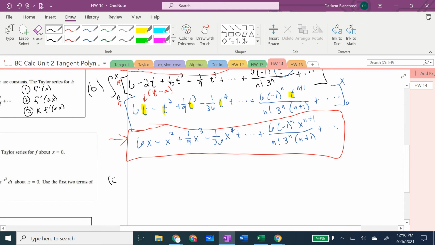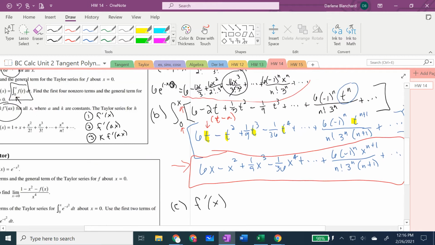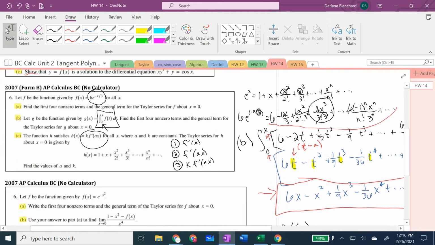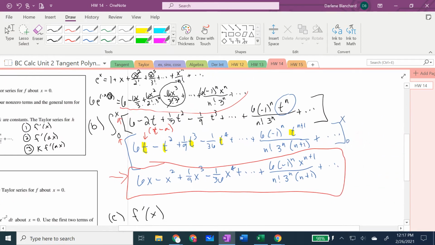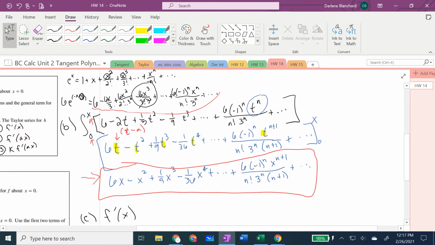So taking the derivative, and let me make sure that I'm taking the derivative of the correct thing. I need this function. That's f of x. I'm going to erase part of this so that I don't mess up.